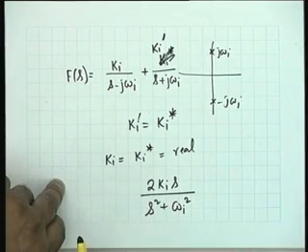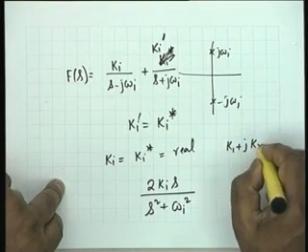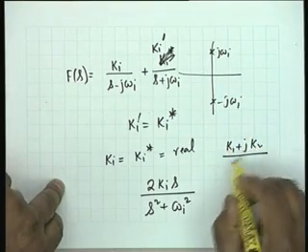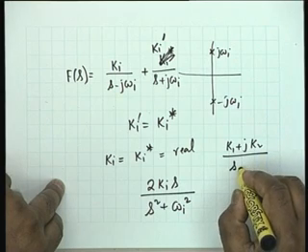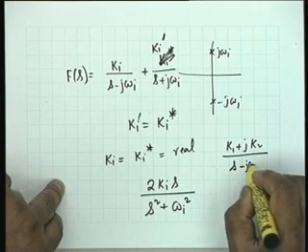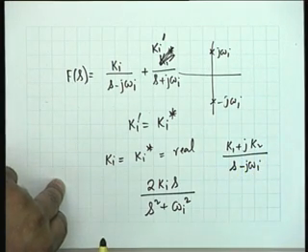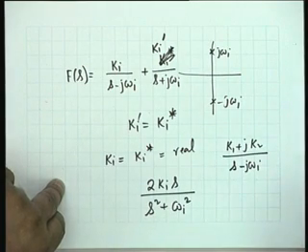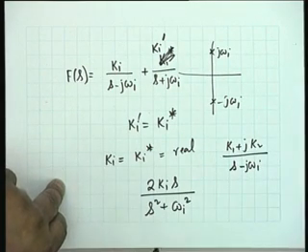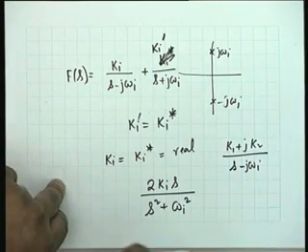Okay, is that clear? Suppose, for argument's sake, that we do have a residue which is complex. Let us say we have (K1 plus jK2) divided by (s minus j omega i). If I combine this with (K1 minus jK2), will this sum be real?